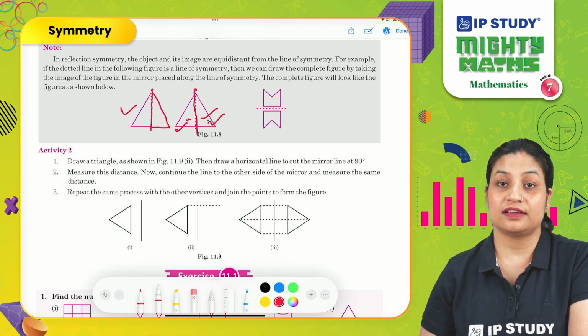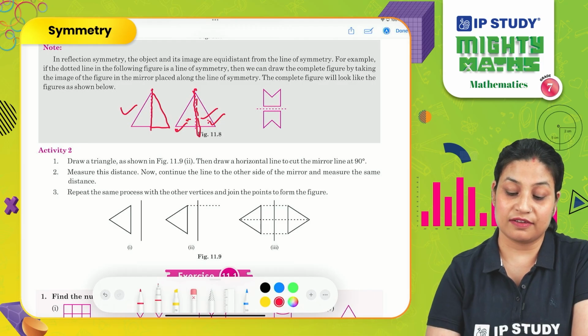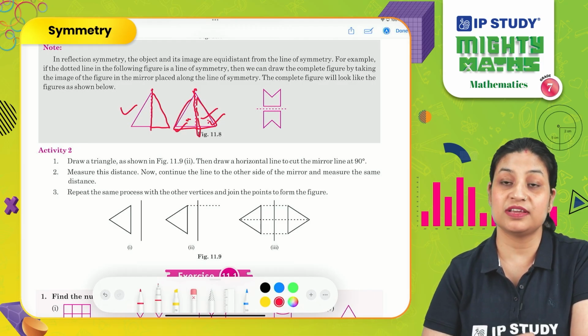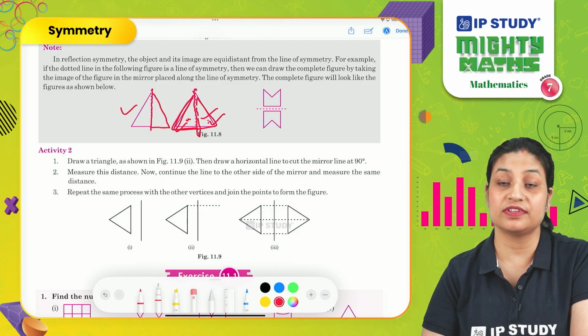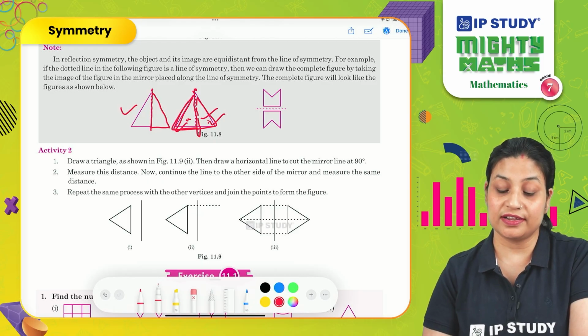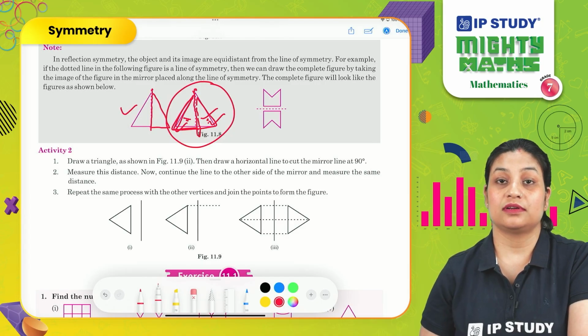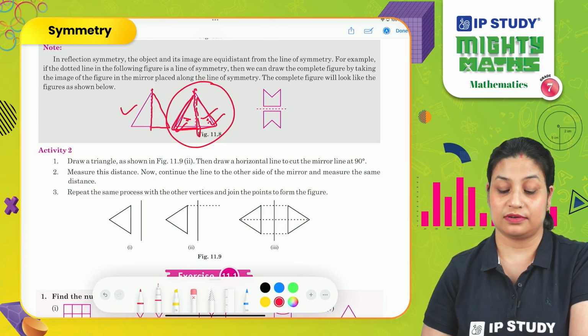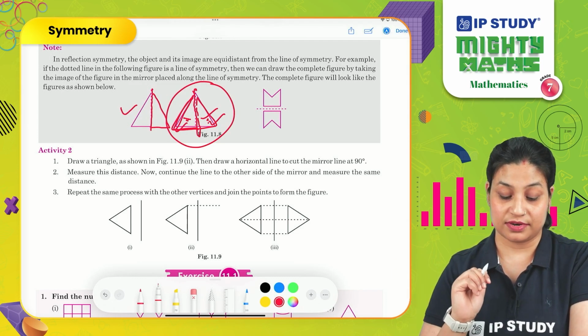So if I put a mirror here and you see the reflection of this object, you will find that the two are totally identical to each other, or you can say that it is symmetrical, right? That is why we say the concept of symmetry is closely related to mirror reflection.